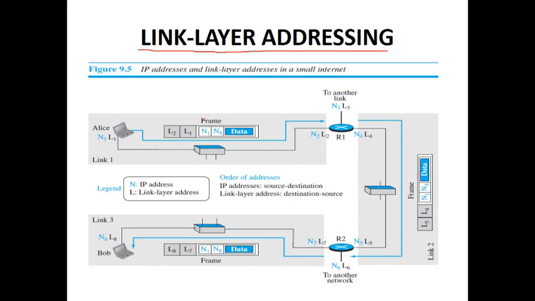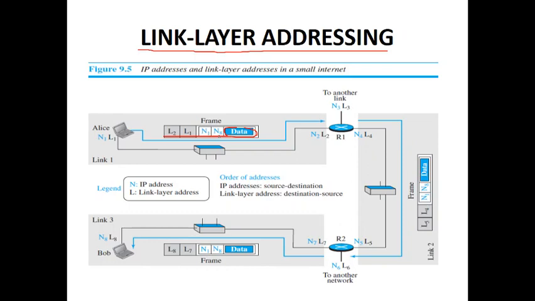That is why the link layer address comes in for performing node to node communication. First of all, the data will be delivered from Alice's system to router 1. Before we deliver, we'll see how the addresses will be added. Consider this is my actual data. For this data, the network layer will add the network address of the sender and the network address of the receiver.